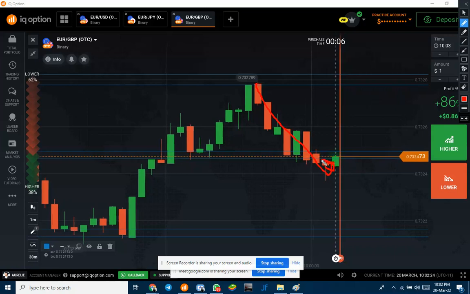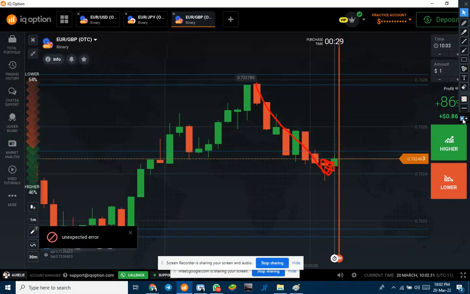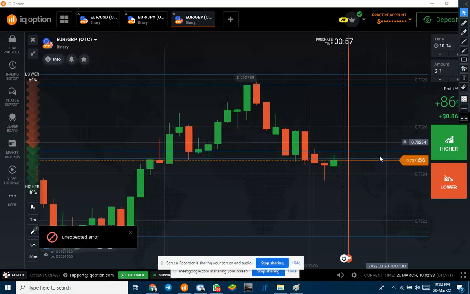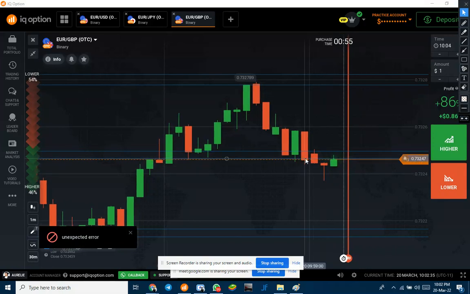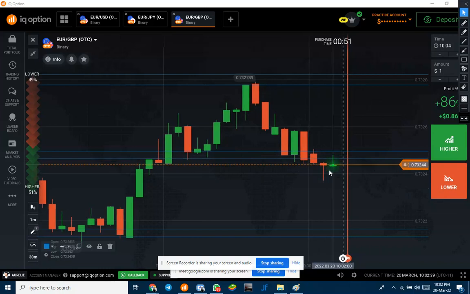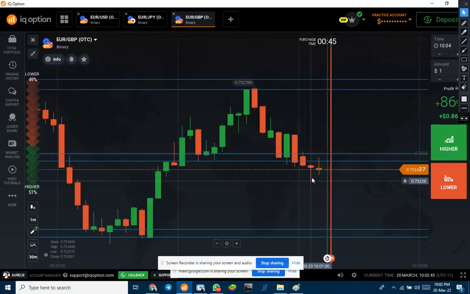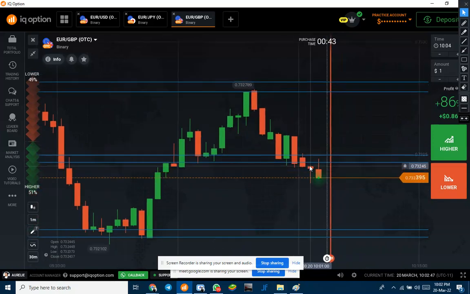The market is trying to create a spring by forming a corrective candlestick below the level. So definitely, I'm expecting a bullish candle here because this is more likely like a spring.